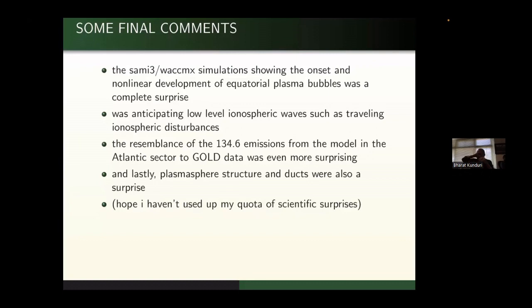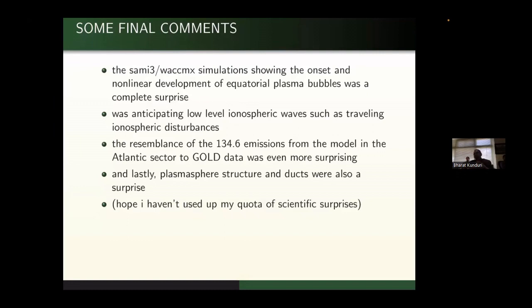It's very low density. It's not like the whole ionosphere is being disturbed at hundreds of meters a second. The top of the bubble rises, again, 40, 50, 60 meters a second.